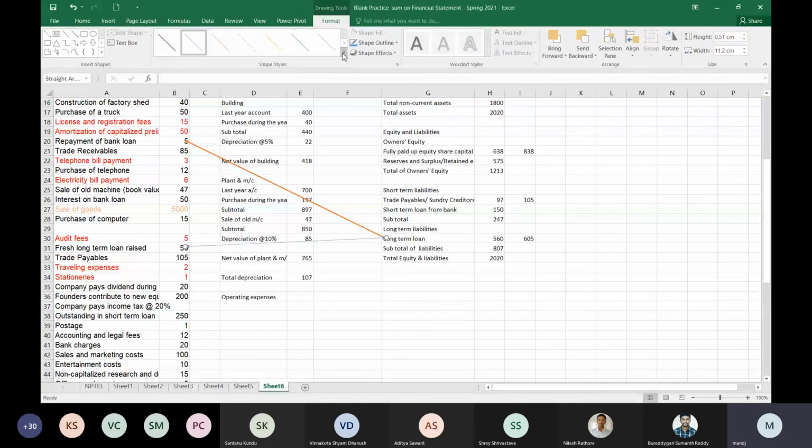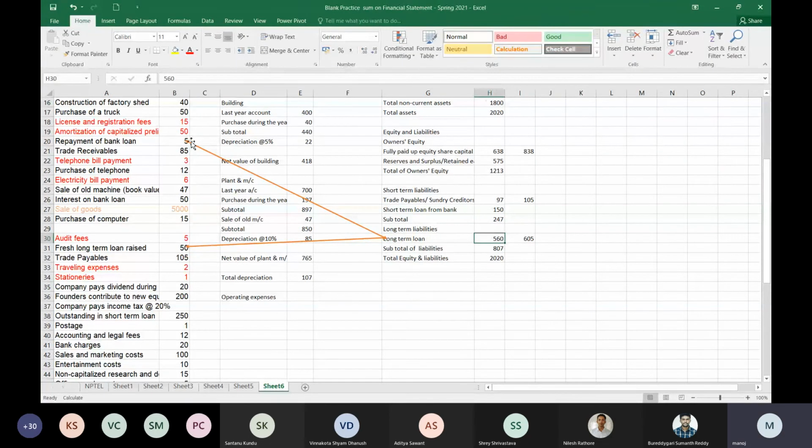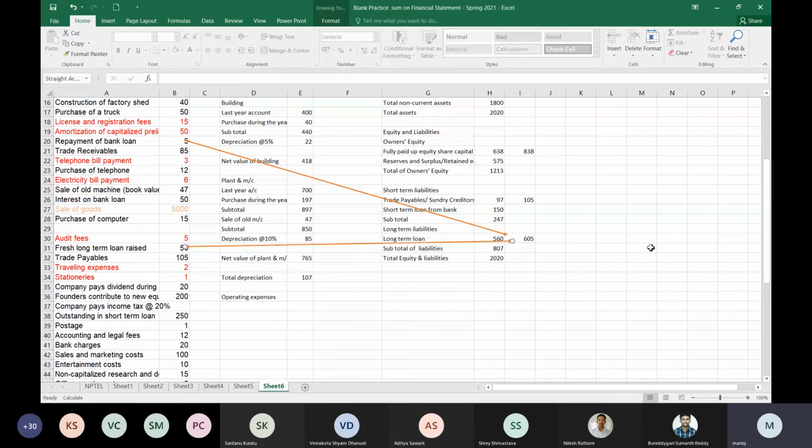So these two are taken together, meaning previous year's long-term loan minus repayment plus any loan raised, that comes here. Okay, so these two are connected. Let me take this guy there to easily understand.